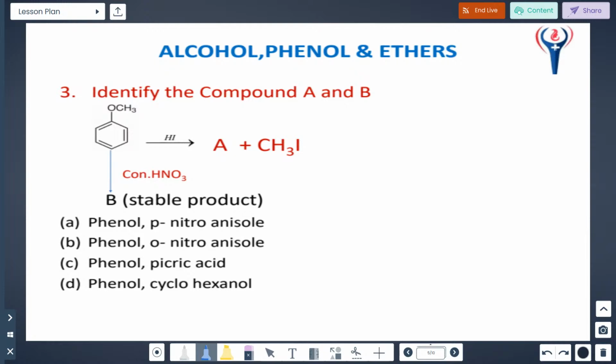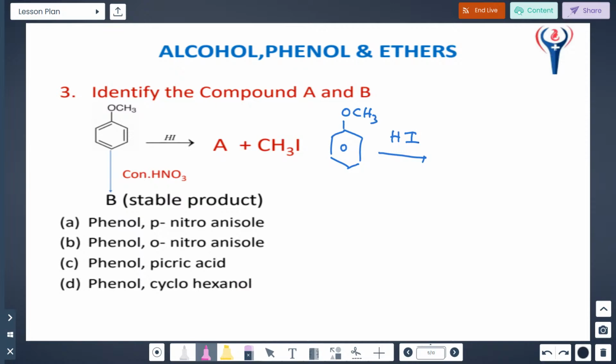Now see, here I am writing anisole, OCH3, and HI. Whenever HI is added to any ether compound, we have three rules.